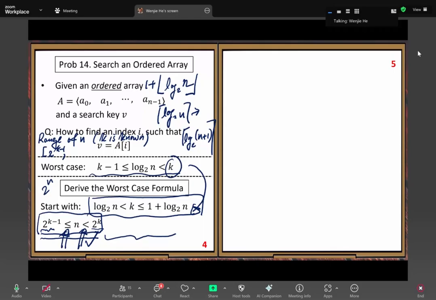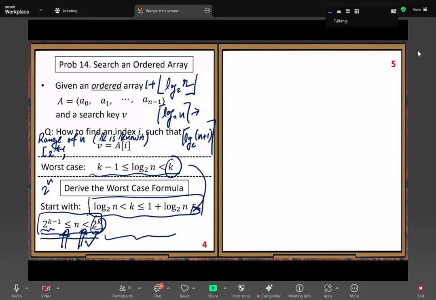Definitely not this one, because n can never be equal to 2 to the k. So it is not the smallest upper bound, because you cannot take the value of n to be 2 to the k. So you cannot use it as the upper bound.